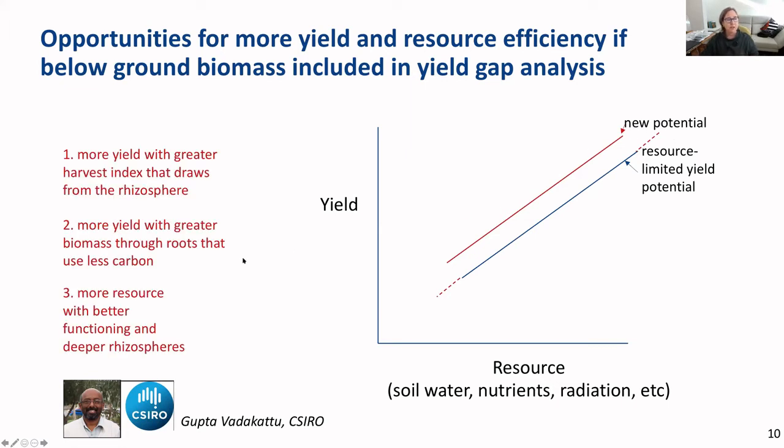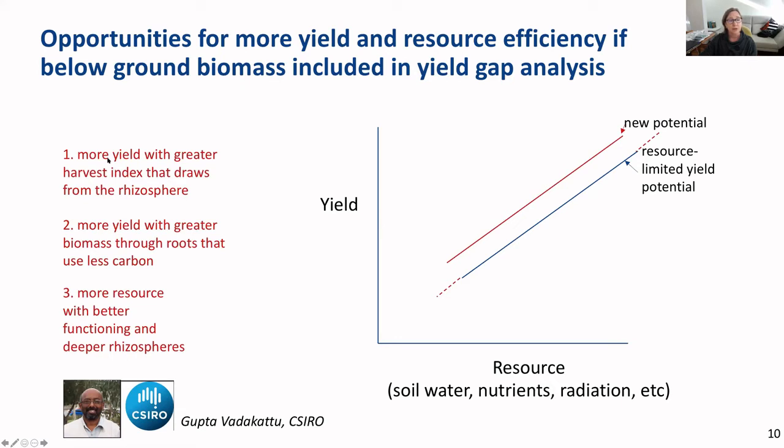And what does this mean? Well, since below ground biomass is not included generally in yield gap analyses, then there are opportunities for more yield and resource efficiency if it were to be included.